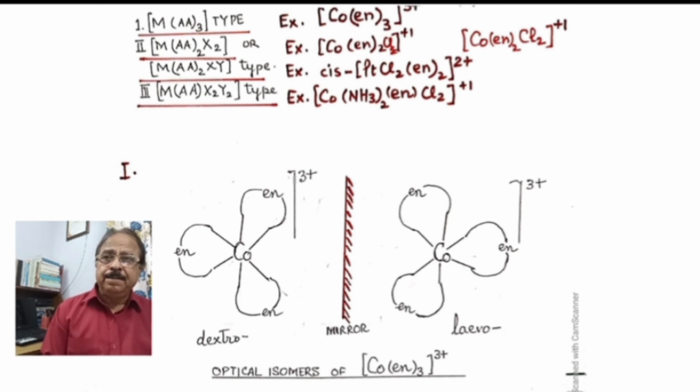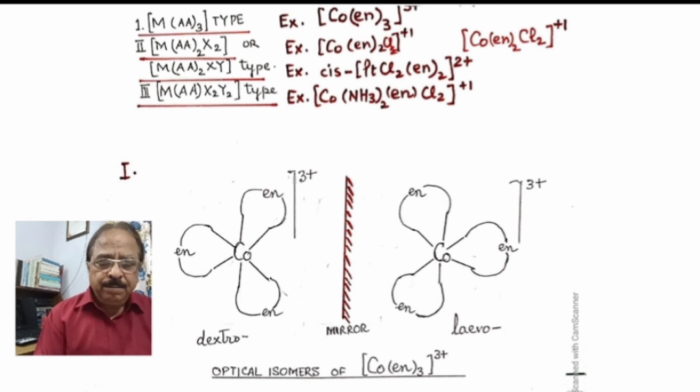And the third type is MAAX2Y2. It means that to the metal ion, one didentate ligand, AA, is bonded, and two unidentate ligands of one type and two unidentate ligands of the other type.